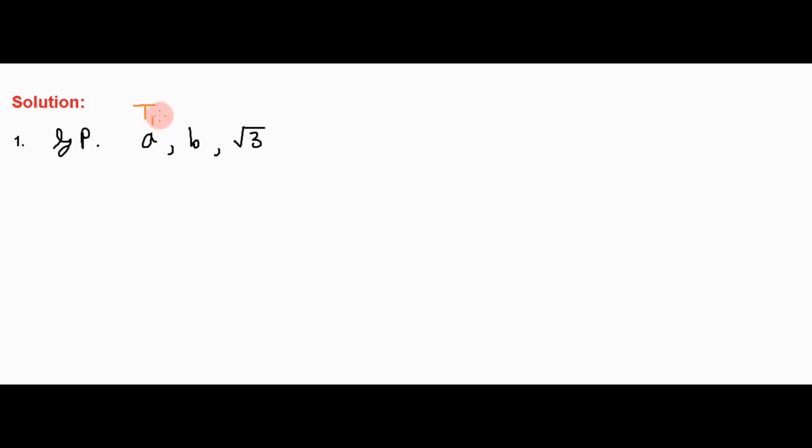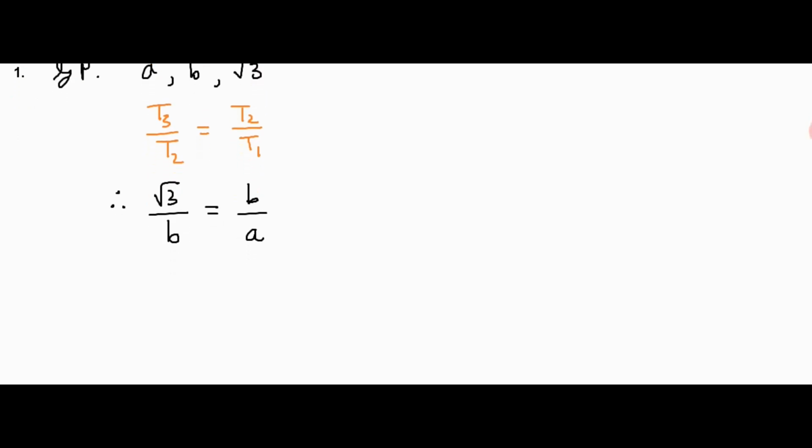So we have term 1, term 2, and term 3. And we know that term 3 divided by term 2 is equal to term 2 divided by term 1. So we can substitute in. We have term 3 divided by term 2, and this must equal term 2 divided by term 1.